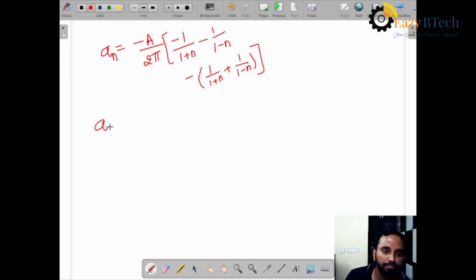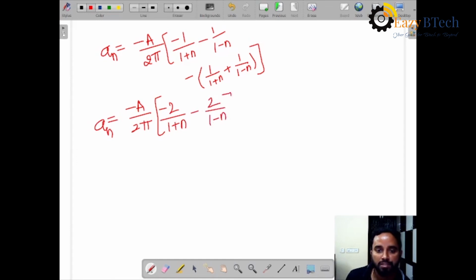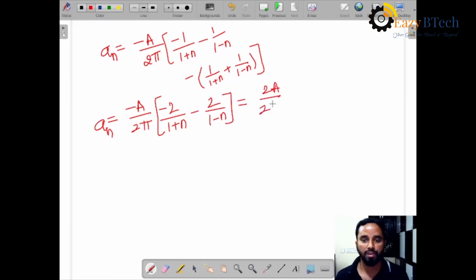It will become minus 2 by 1 plus n, again minus 2 by 1 minus n. So simplifying, minus 2 we can take common, so 2a by 2 pi, here LCM 1 minus n plus 1 plus n divided by 1 plus n into 1 minus n, a square minus b square.